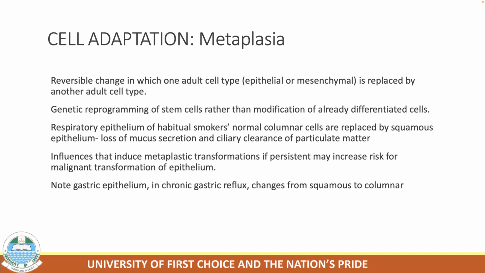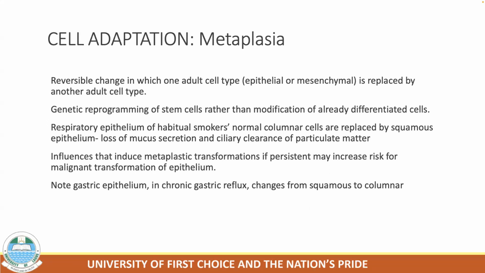But because of the assault of smoking and to adapt to the new condition that the columnar cells are experiencing, those adult columnar cells adapt and change to squamous epithelium. Squamous epithelium is similar to what we have on the skin, right? What we have on our skin outside is squamous epithelium. It's more rugged. It can withstand more rigorous conditions, right?